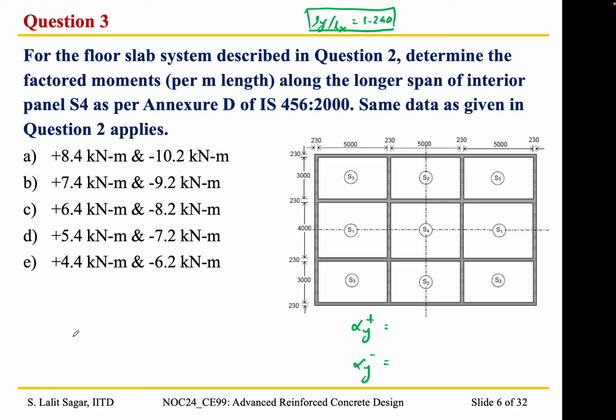Finally, the factored moments would be: Muy positive is alpha y Wu.